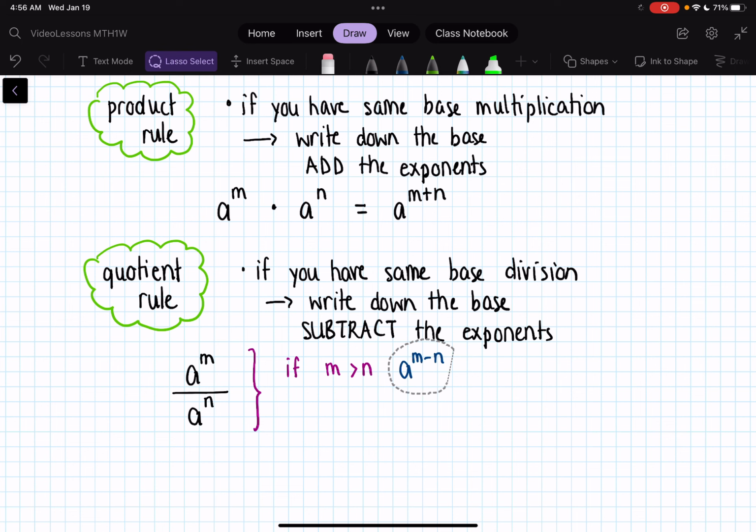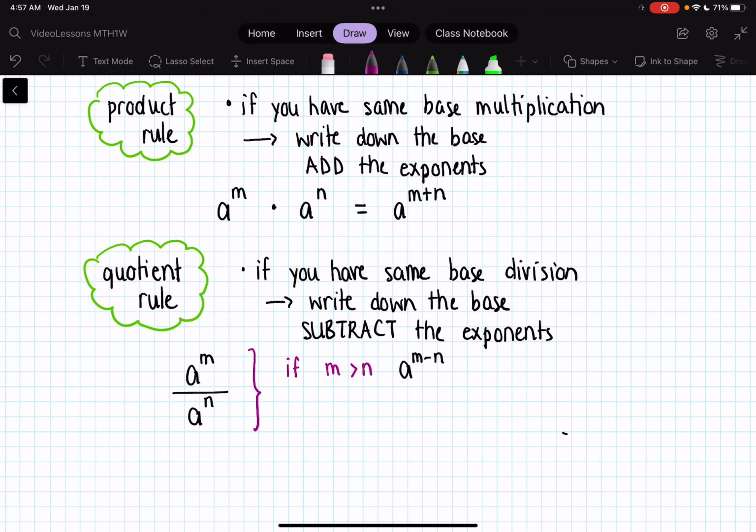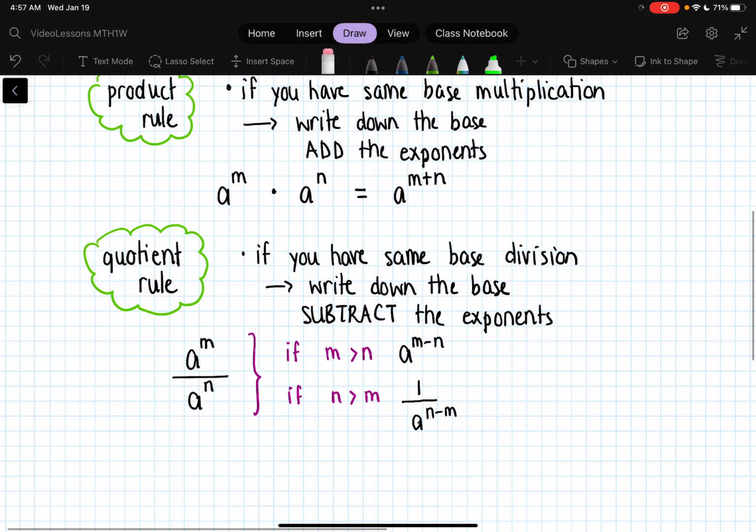And if we had n, meaning the exponent is greater at the bottom, so n greater than m, then we would write 1 over, so that we can put the base at the bottom, n minus m. That way we get a situation where we have positive exponents.